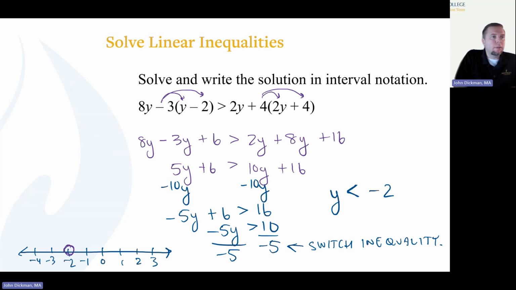It's an open circle because I am not equal to, I am just less than. And the open circle suggests that we're getting infinitely close to -2, but we don't actually ever equal -2. So anything that's less than -2 would be in this direction to the left. Less than is left.